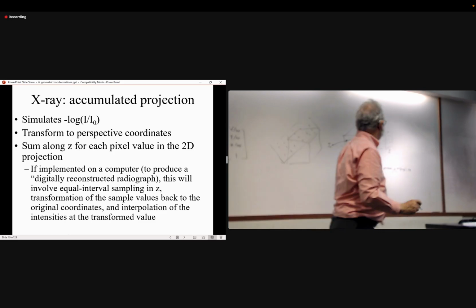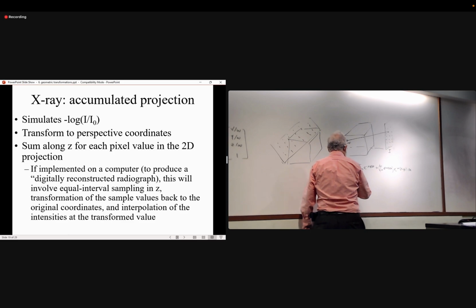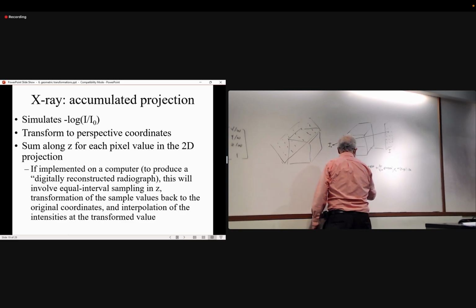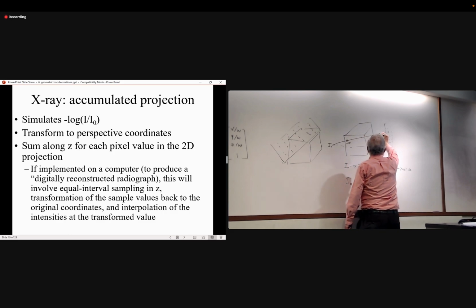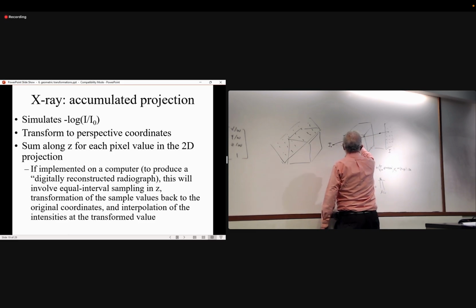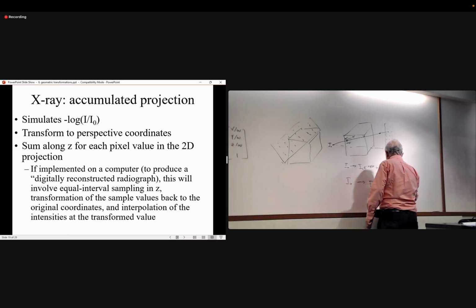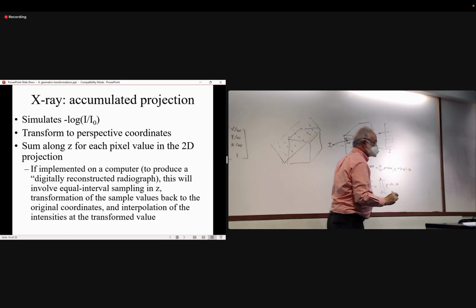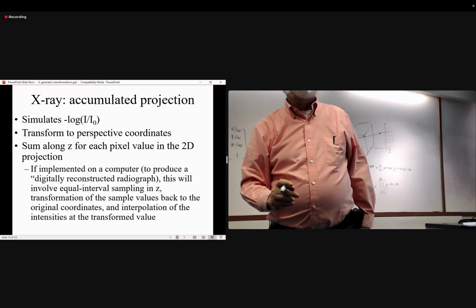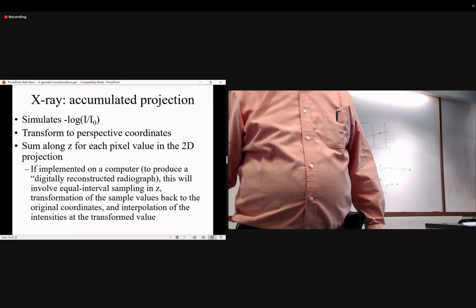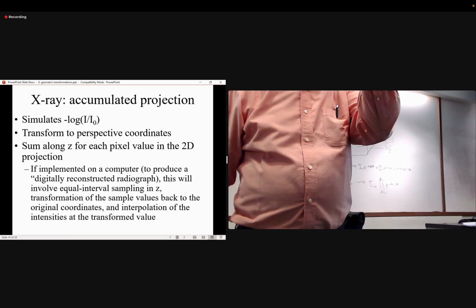And so when the whole thing is done all the way through, you had I0 input, and the output here is I0 times the product, i equals 1 to n, where n is the number of little slots, of e to the minus mu sub i delta x. Right? You just multiply by the attenuation factor mu and the length delta x.